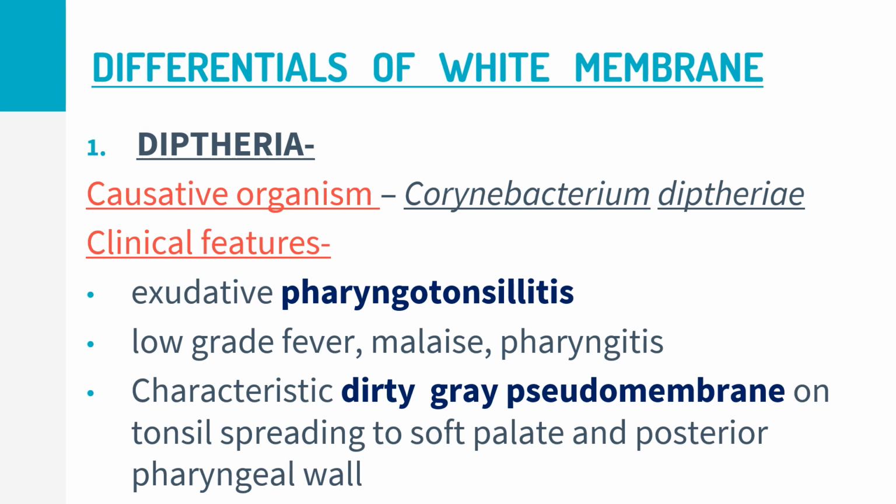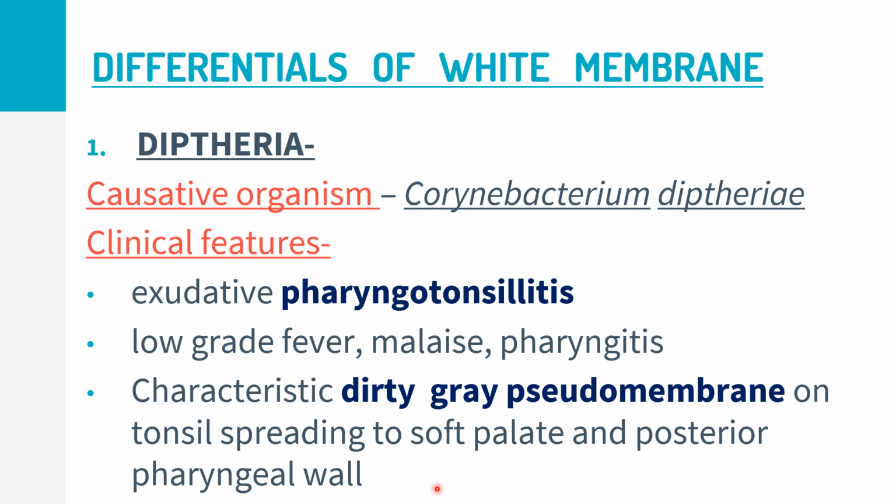Now this pseudomembrane can be differentiated in many ways from the membrane which is seen in acute tonsillitis. One, it is not only confined to the tonsil, but it is spreading to the soft palate and the posterior pharyngeal wall.